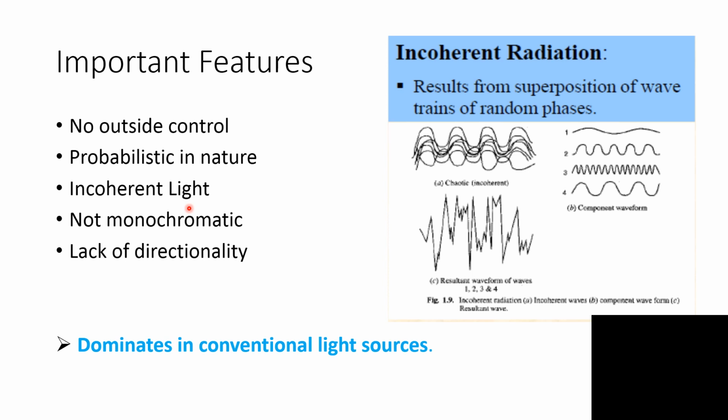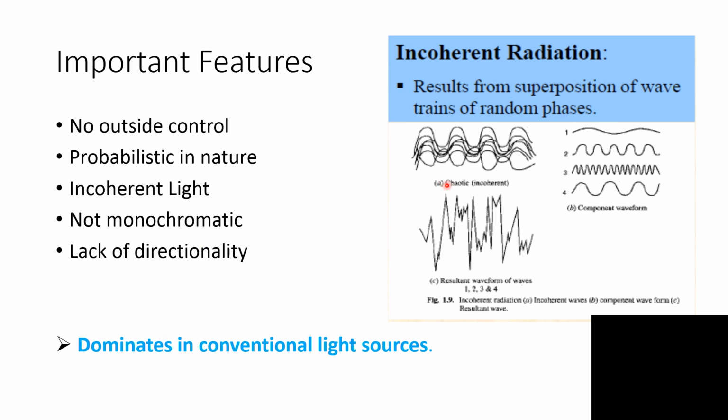The many emitted photons can have different phases. So the light emitted is just like the light of our simple bulbs. It is non-monochromatic and lacks directionality. So spontaneous emission gives light just like an ordinary bulb.